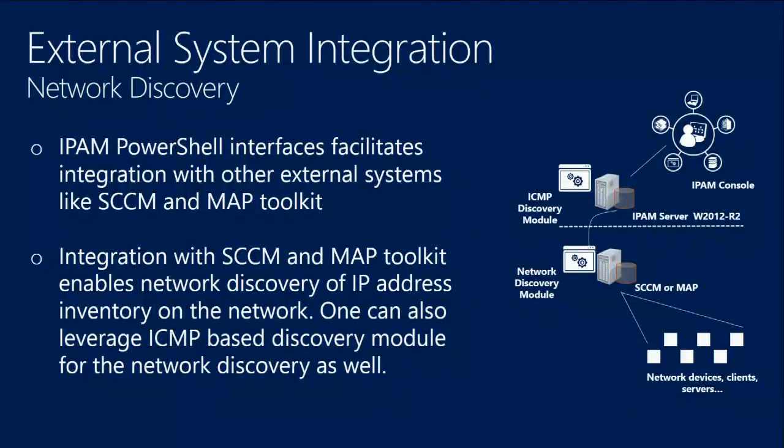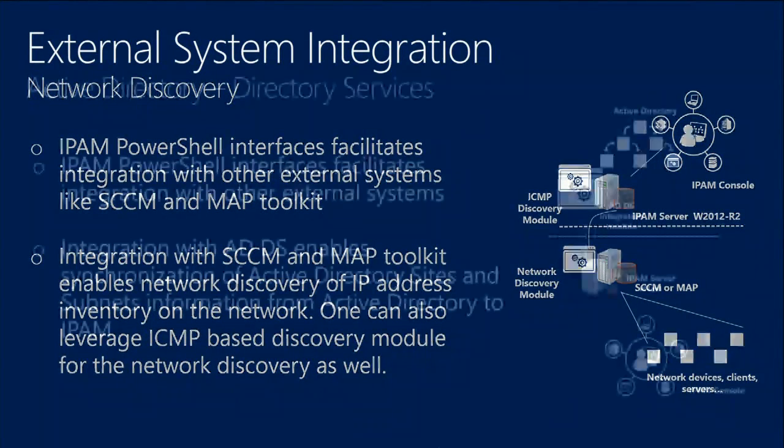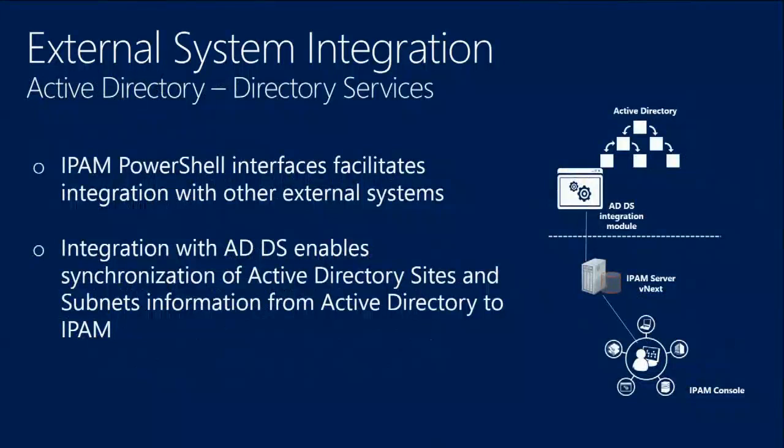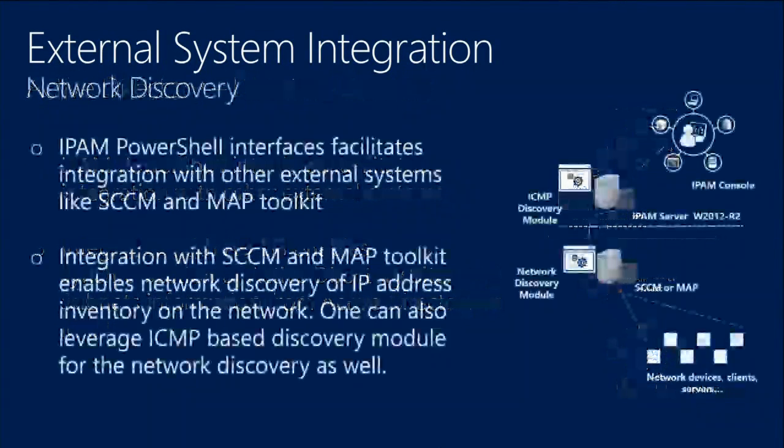I'll show a quick demonstration using ICMP ping, where you can ping all the systems within a particular subnet, and using the IPAM PowerShell commandlet, pull all that information into the IPAM system, and that starts reflecting into the IP address inventory. That's basically a network discovery scenario that I'll demonstrate in a minute.